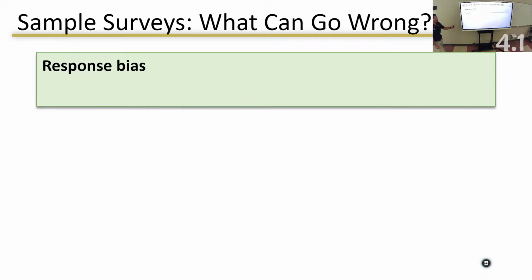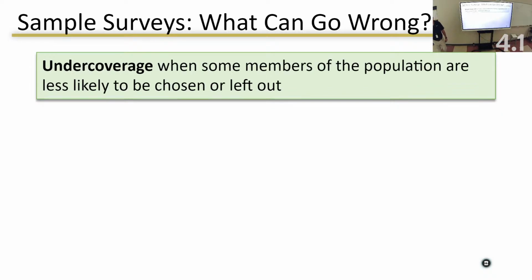Response bias. Now, a lot of people get this confused with voluntary, so try to make sure you differentiate these two. Voluntary, you chose to answer or you chose to participate. Response bias is you're answering untruthfully. Undercoverage, you left somebody out.